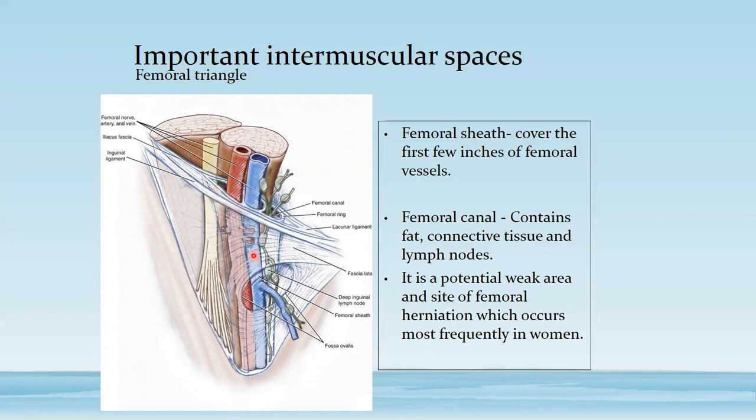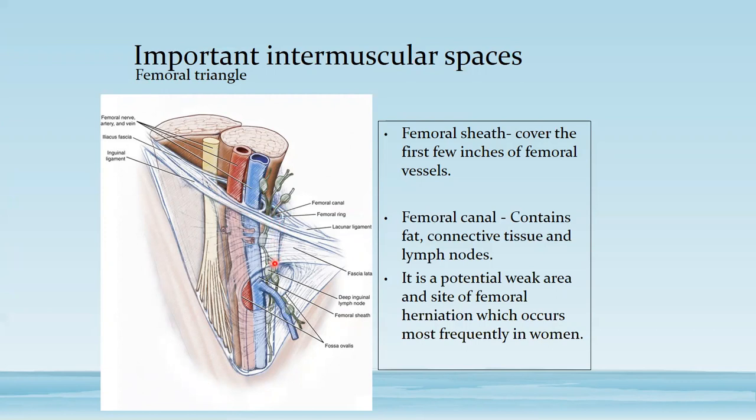What I want to show you in this picture is the femoral sheath. The femoral sheath is the covering that surrounds the first few inches of the femoral vessels. The femoral canal is this one. The femoral sheath covers the vessels, while the femoral canal contains lymph nodes, connective tissue, and fat.